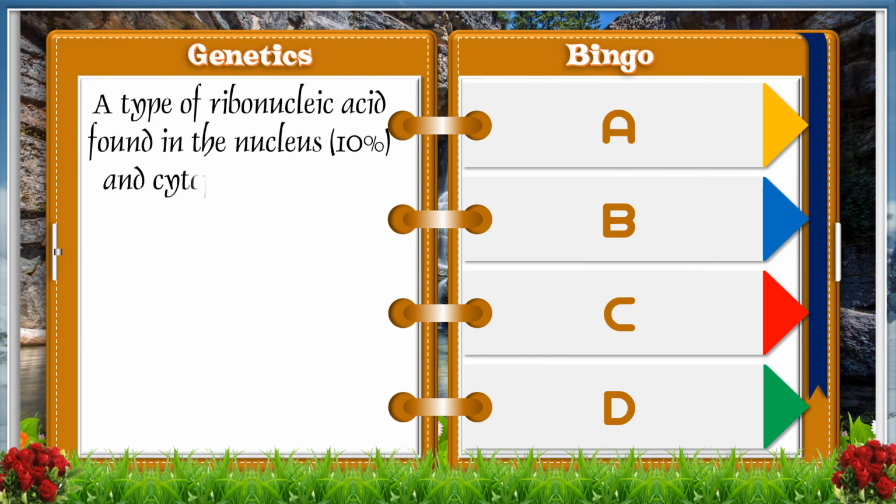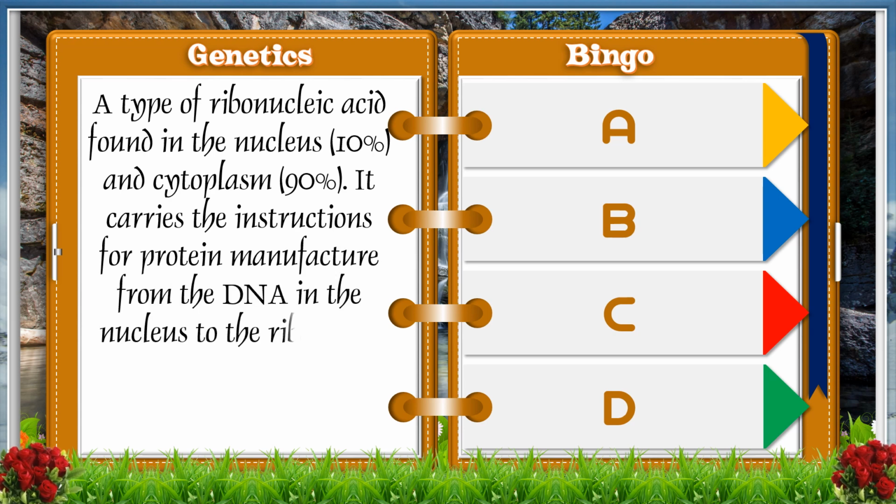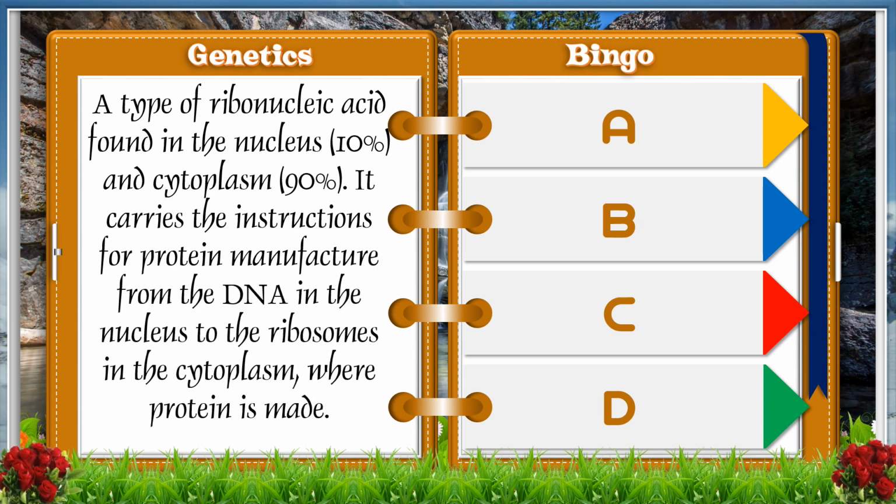A type of ribonucleic acid found in the nucleus, 10%, and 90% in the cytoplasm. It carries the instructions for protein manufacture from the DNA in the nucleus to the ribosomes in the cytoplasm, where protein is made.